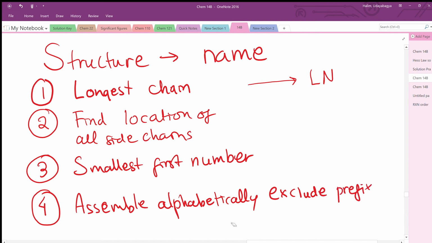I'll get to that a bit later, what I meant by excluding the prefix. And essentially, number 1 is just your last name, so try to figure out number 1 first. And then this is going to be your first name, and we'll do that kind of step by step.